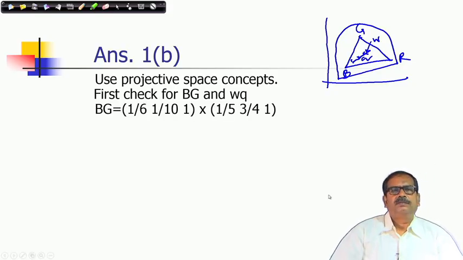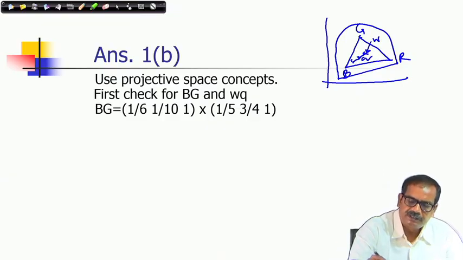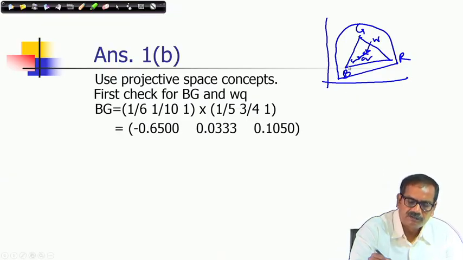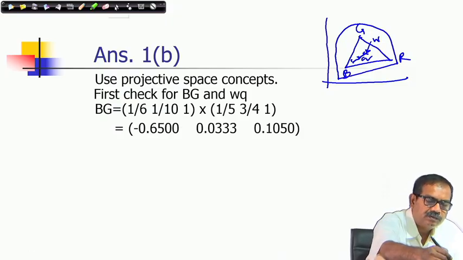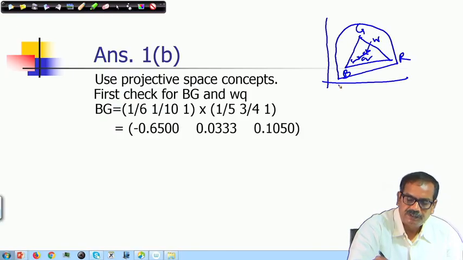So, with respect to BG, the intersection could be computed as the cross product of these two vectors. As you can see, this point is represented as 1 by 6, 1 by 10.